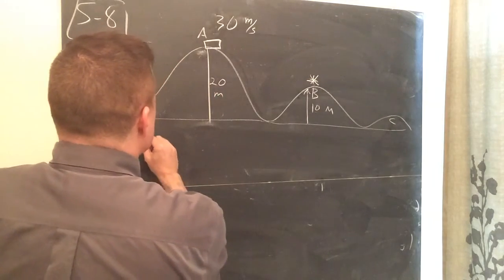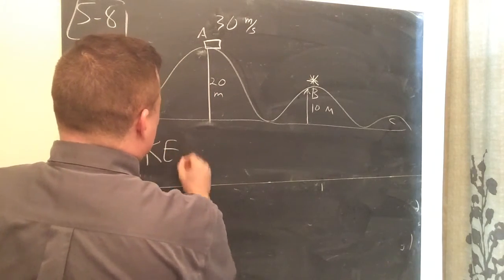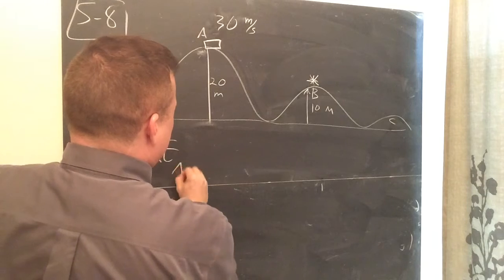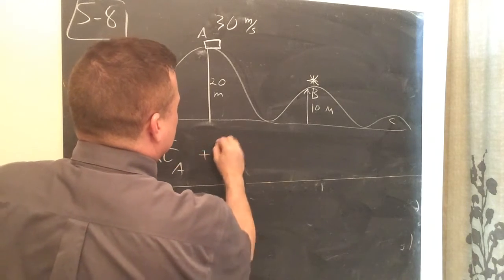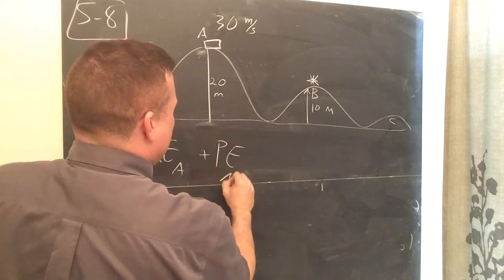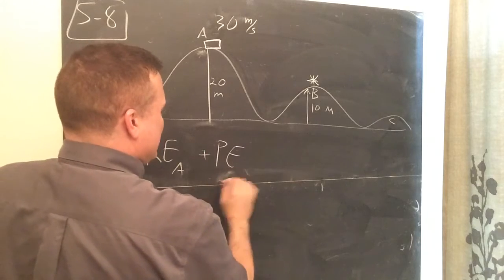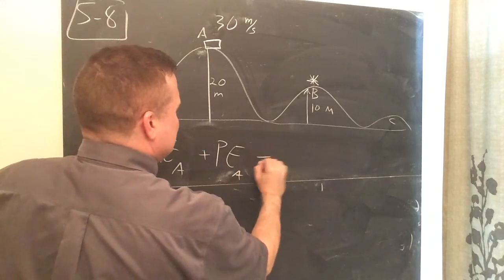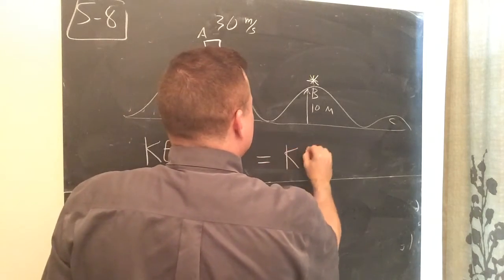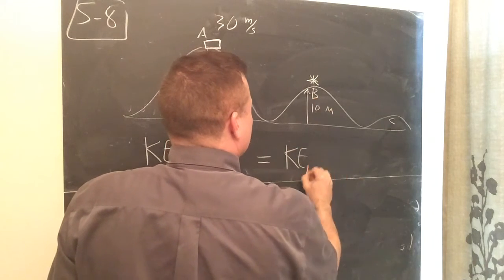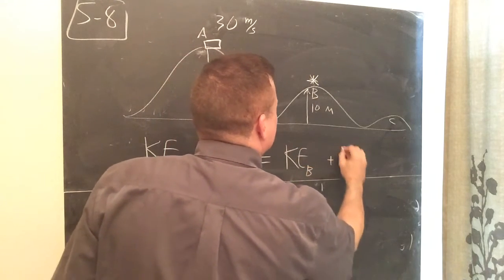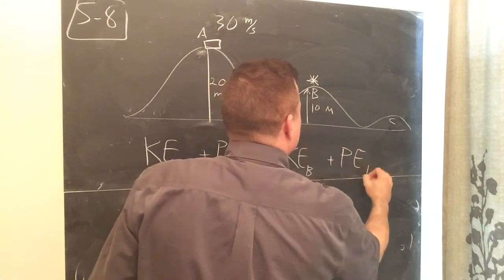So I can start out with a certain amount of kinetic energy at point A, and a certain amount of potential energy at point A. Kinetic energy A plus potential energy A is equal to the kinetic energy at point B plus the potential energy at point B.